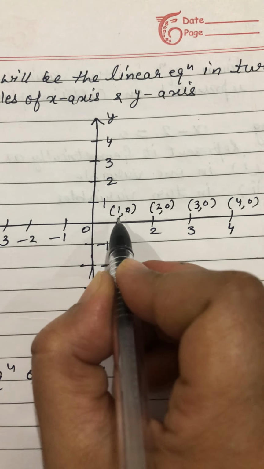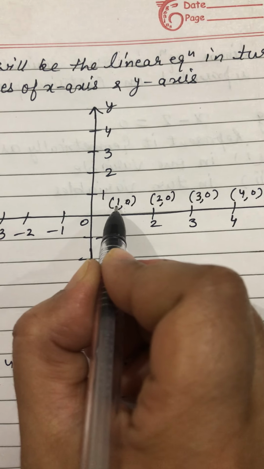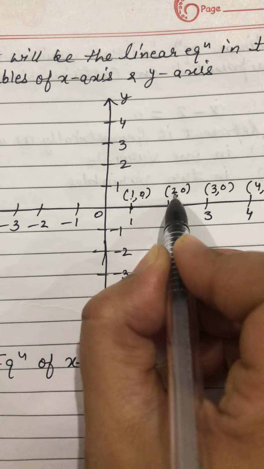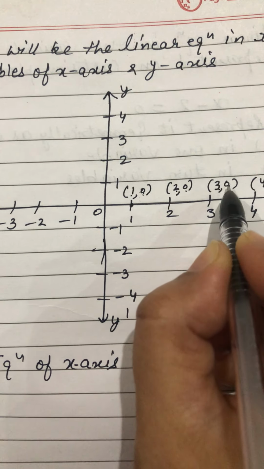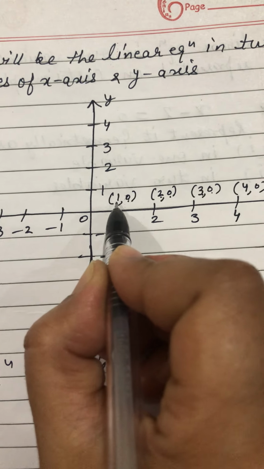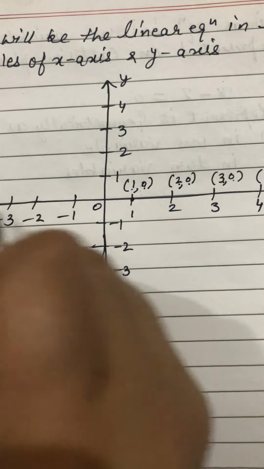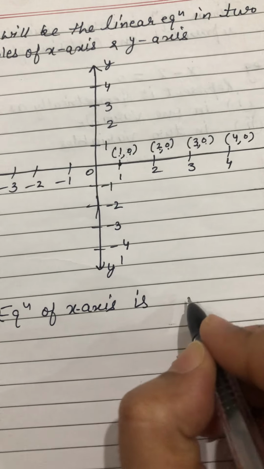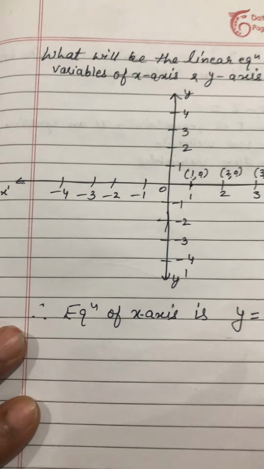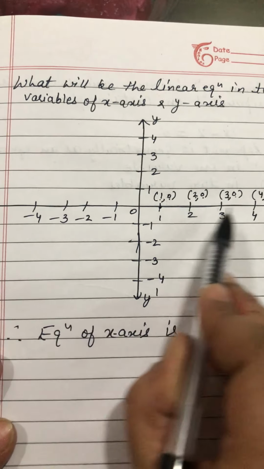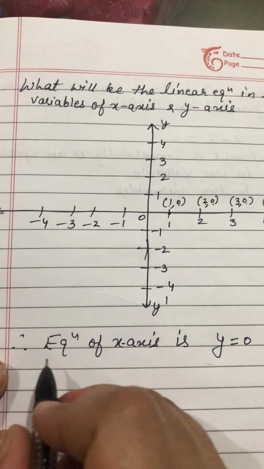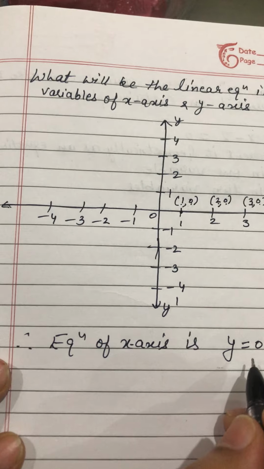These are ordered pairs: the first value is for x, the second is for y. You can see the value of y is 0 on the x-axis. It means the equation of the x-axis is y equal to 0, because on the x-axis, y is always 0.